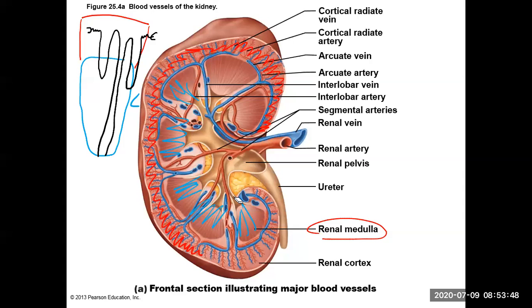So let's say you have a lot of water in the blood. It gets filtered, and then it goes into these tubes, and ends up in these regions and ends up in the urinary bladder ultimately from the ureter, and then your urine output is going to be higher.